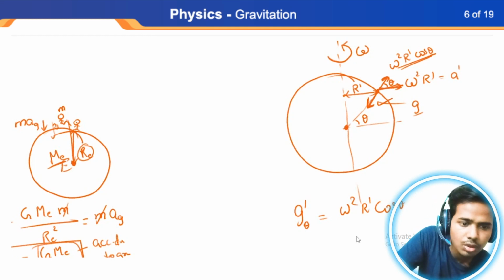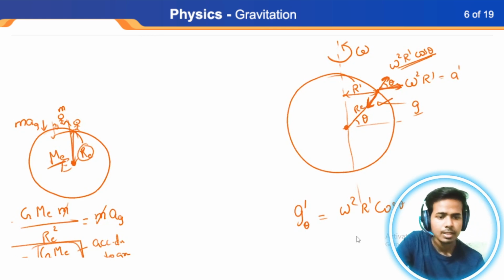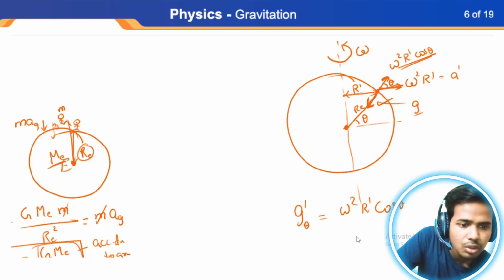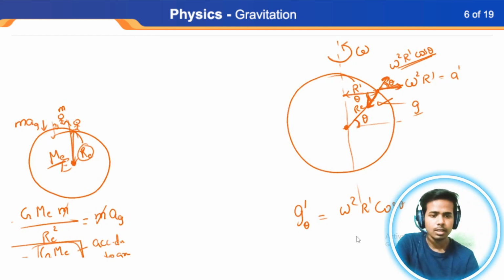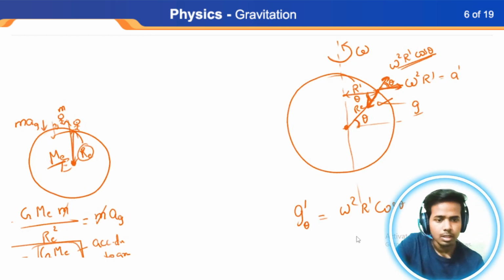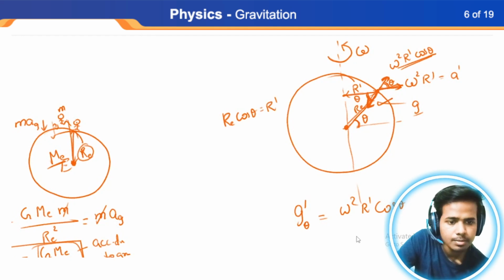But this r dash doesn't look good. We can convert it in the form of re, which is the radius of earth. In this triangle, if you look closely, if this is the angle theta, this should also be the same angle theta. You can even look at the alternate interior angle, the same angle theta. In this triangle, can I say re into cos theta is actually equal to r dash?